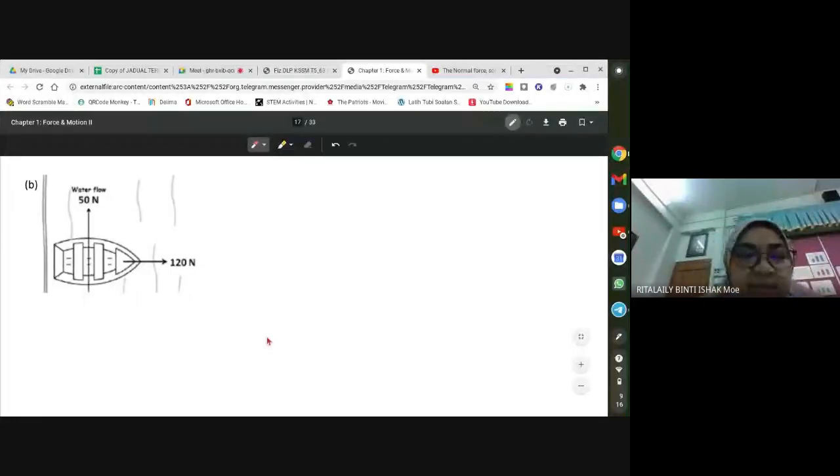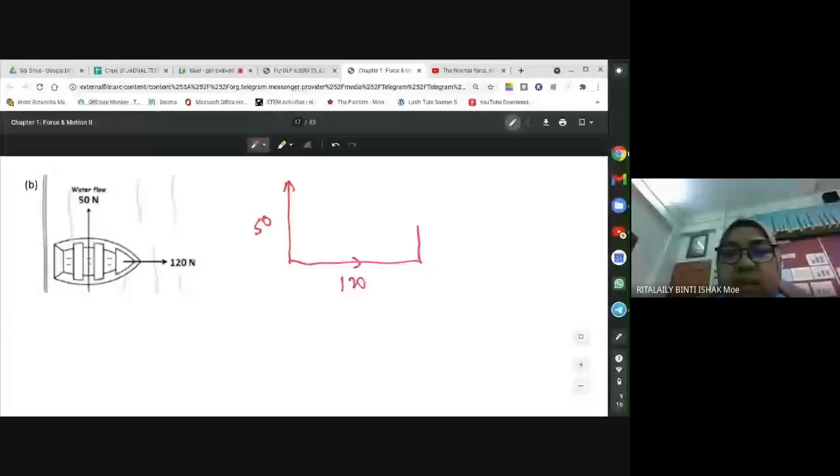Still, we can use two methods. One is drawing. We draw the 50 Newton, and then the other one is 120 Newton. If we use the parallelogram, we need to draw another line parallel to the 50 Newton, with the same length and direction, so it is the same force.